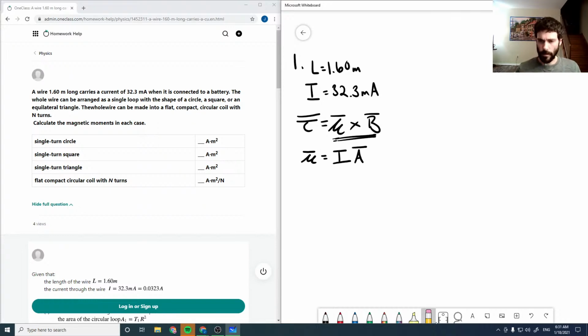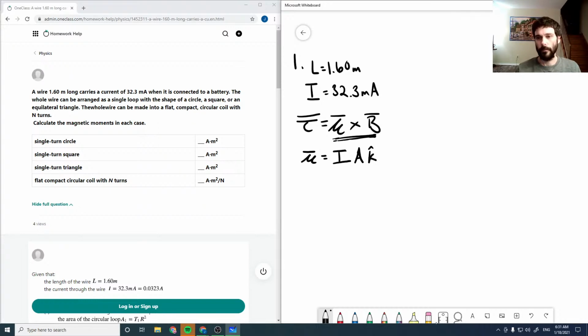We would use the right-hand rule to define the direction of the magnetic moment, and I'm just going to call it k hat.